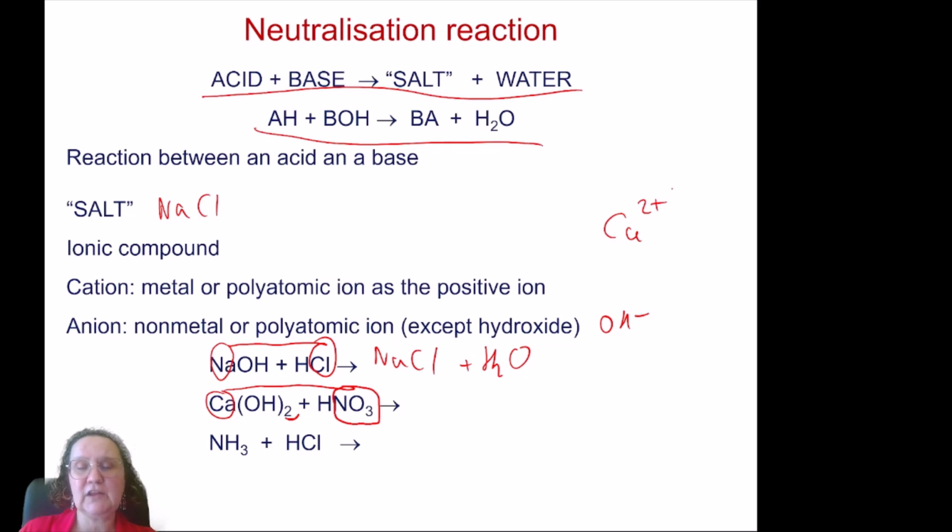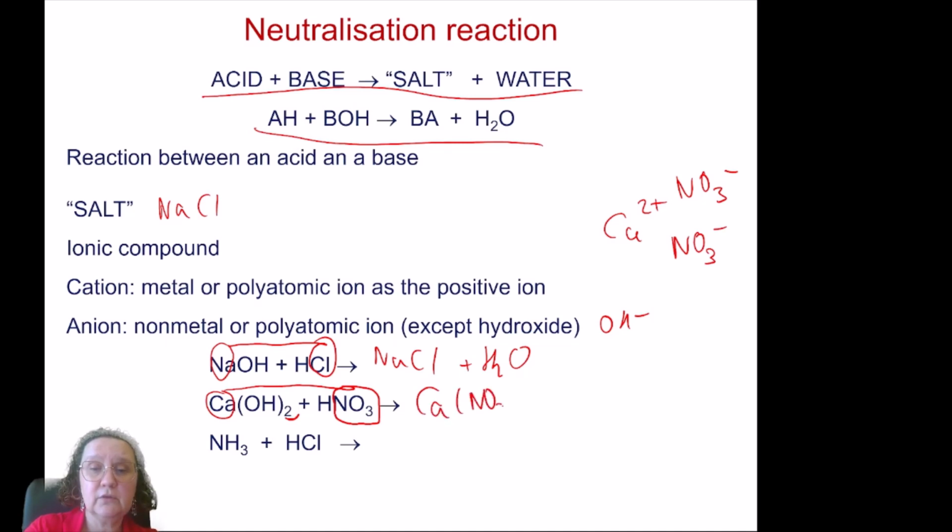And the nitrate anion, NO3, only has one negative charge. So you will need 2 nitrate groups to compensate that calcium. So the compound you make is calcium nitrate, which has this formula, with 2 nitrate groups.